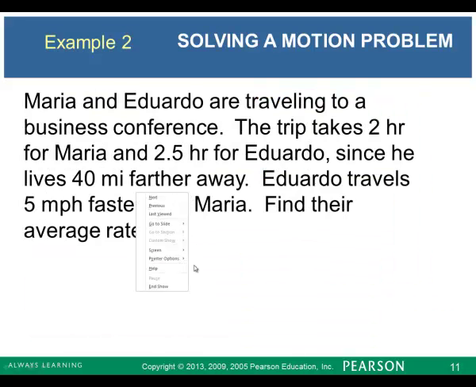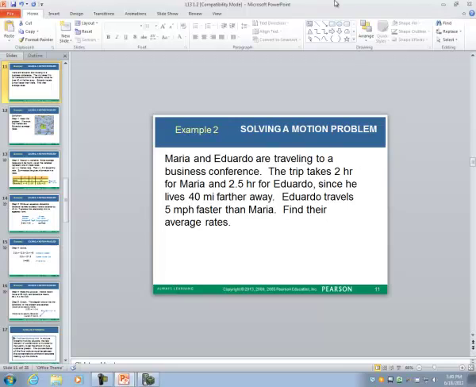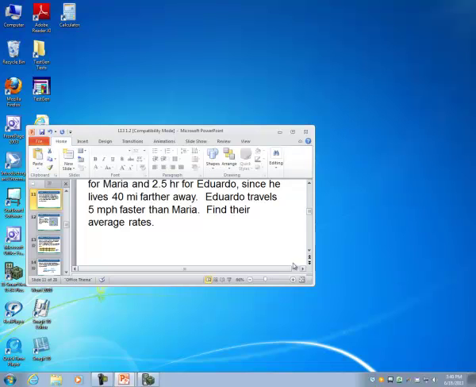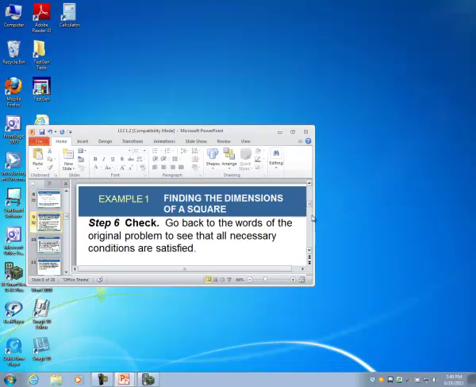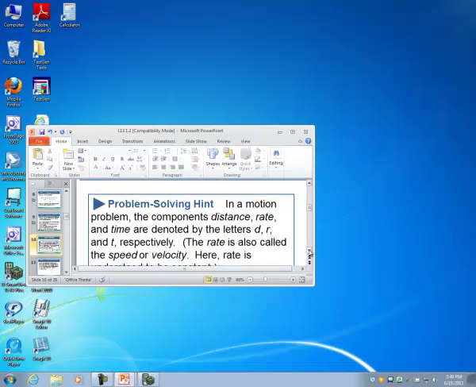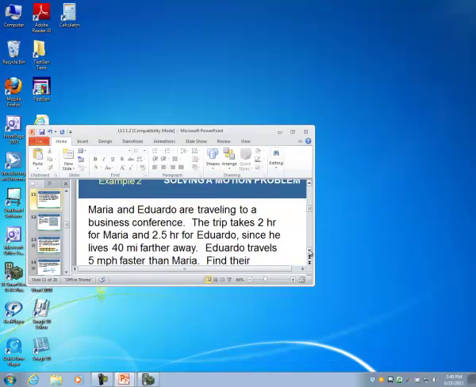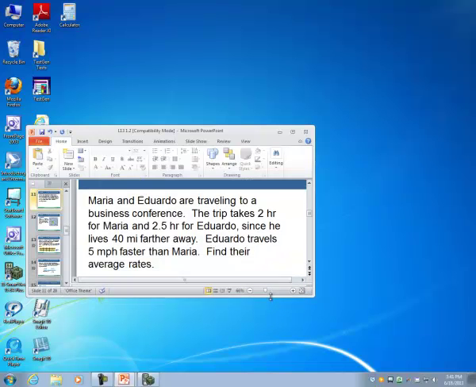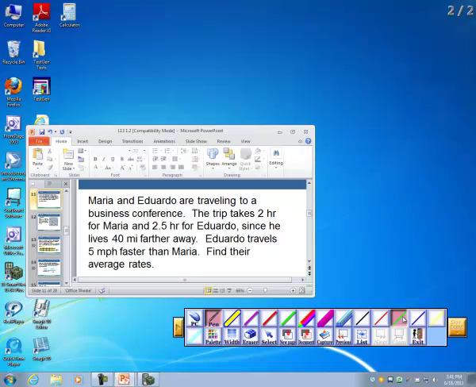So let's do that. To start with, we want to come up with a table where we have rate, time, and distance.